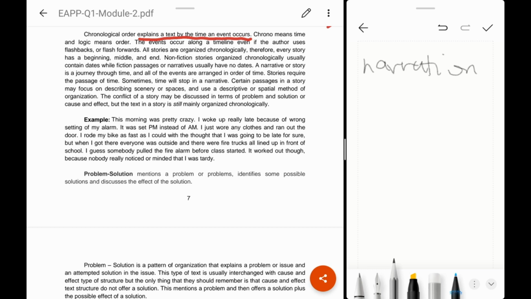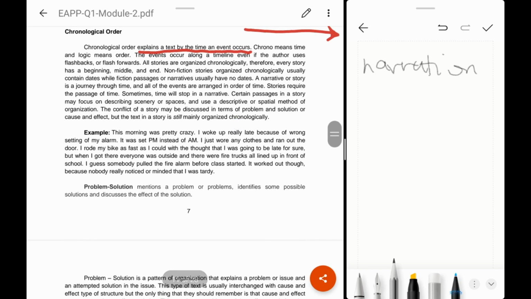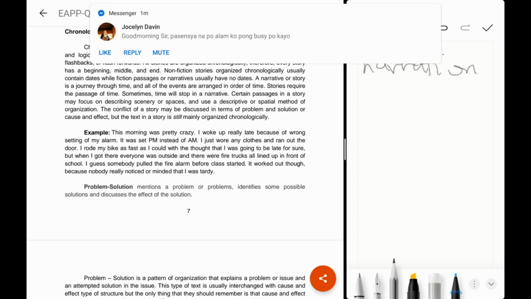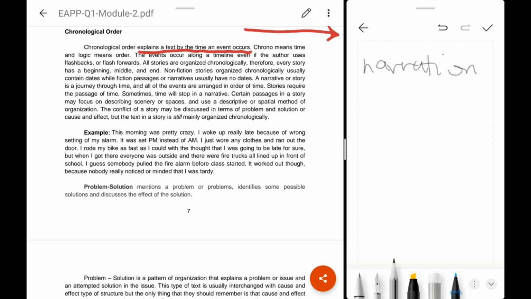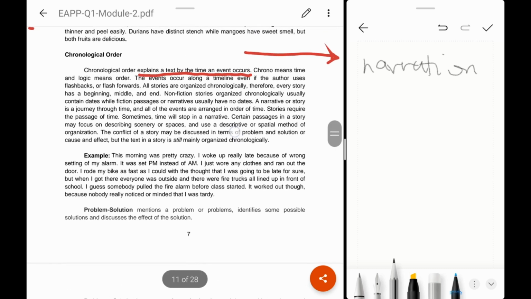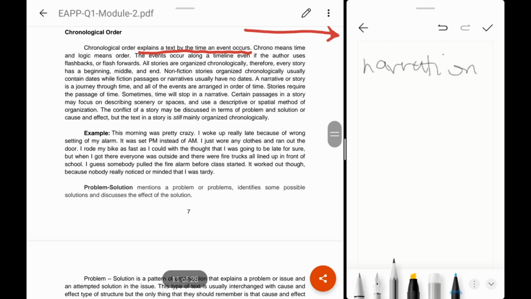Because of course, when you tell a story, it's difficult to tell a story without describing the events, without describing the characters, describing the scenes. So in here, guys, it is said here that in following the chronological order of text structure, there will be times that of course you will use the descriptive or the spatial method. Okay?